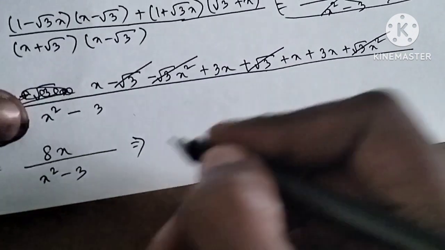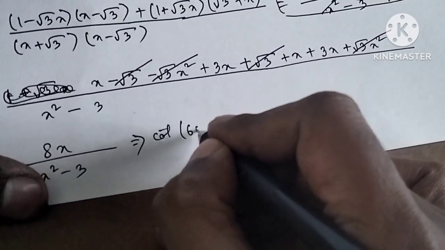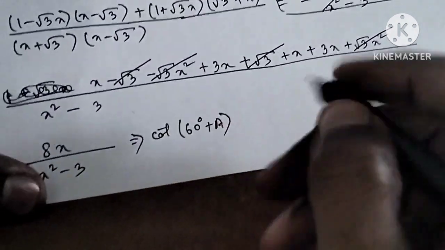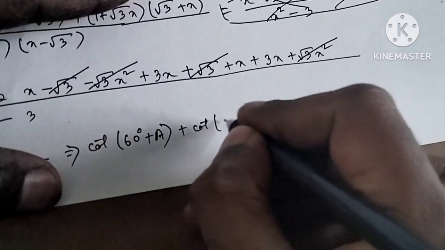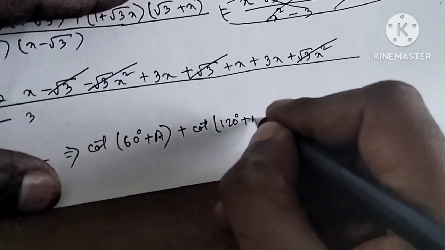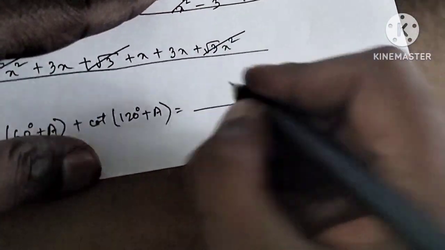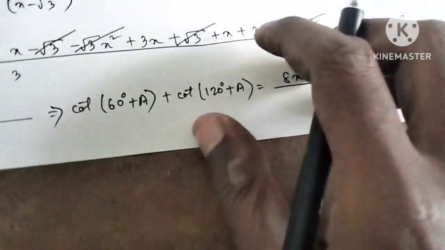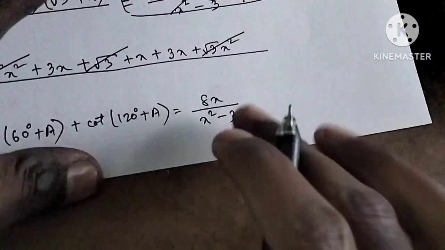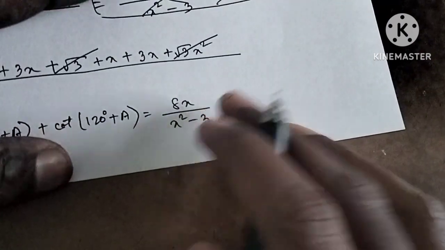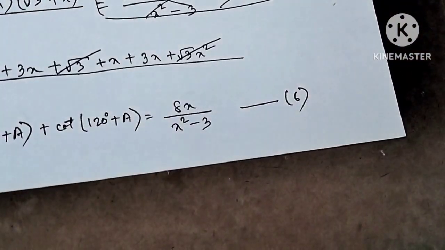So now we can write cot 60 degree plus a plus cot 120 degree plus a is equal to 8x by x square minus 3, right? And we'll name this as equation 6, right?